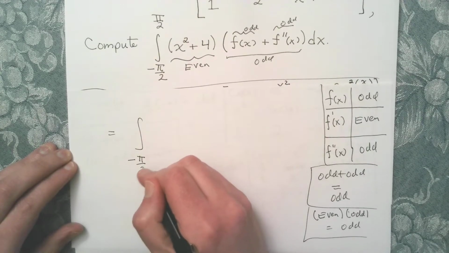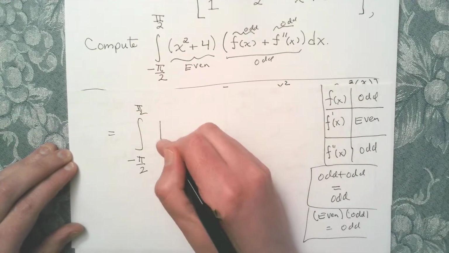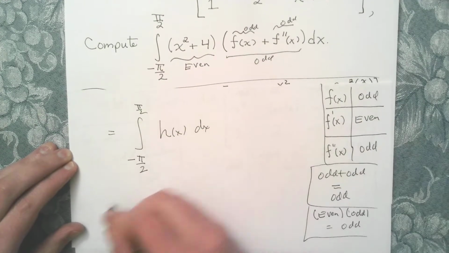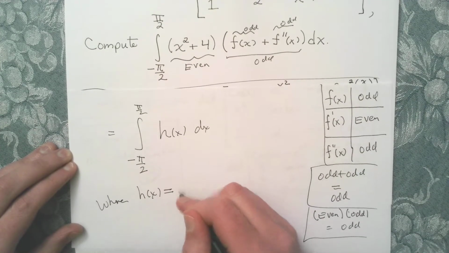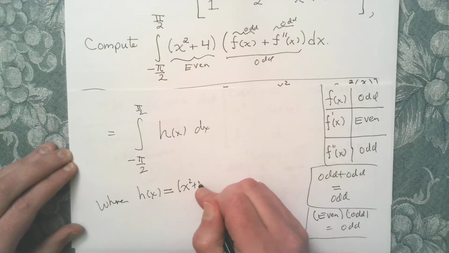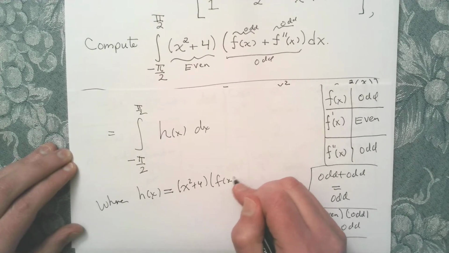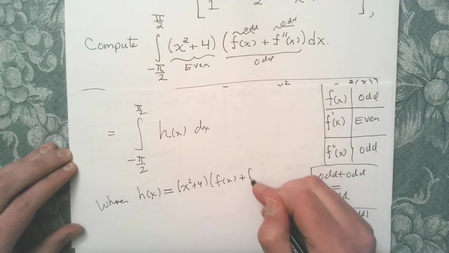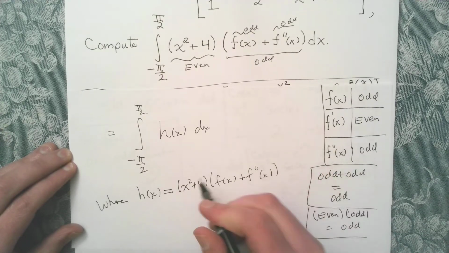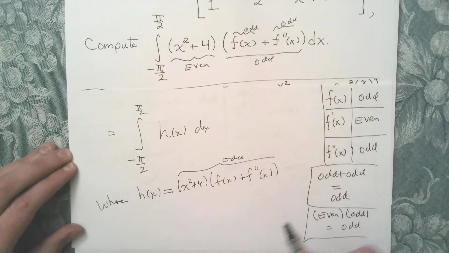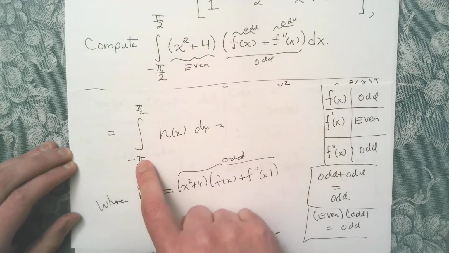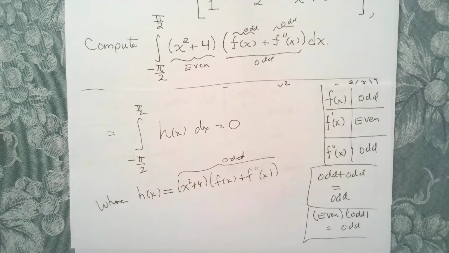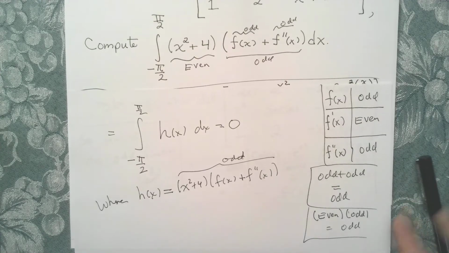So let's say we've got the integral from negative π/2 to π/2 of h of x dx, where h of x equals this entire object, which we said was an odd function. But we know that if I integrate an odd function on a symmetric interval, the result is 0. So pretty cool. Our integral turned out to be 0 all along.